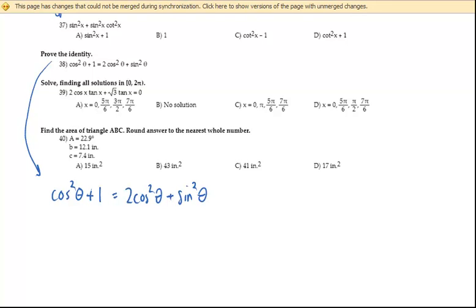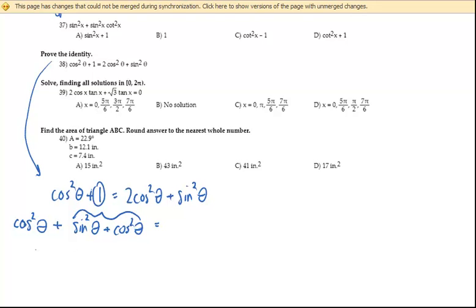Okay. Well, there are many ways to do this, but remember, we don't want to be moving terms from the left side to the right side. So I'm going to rewrite the 1 as sine squared of theta plus cosine squared of theta, because I know from the Pythagorean theorem that sine squared of theta plus cosine squared of theta equals 1.